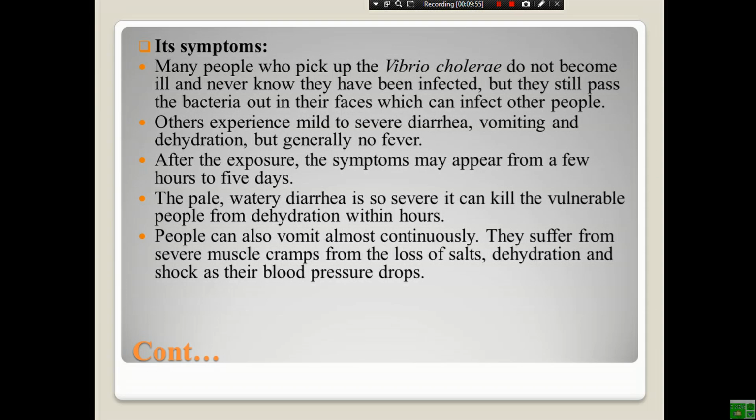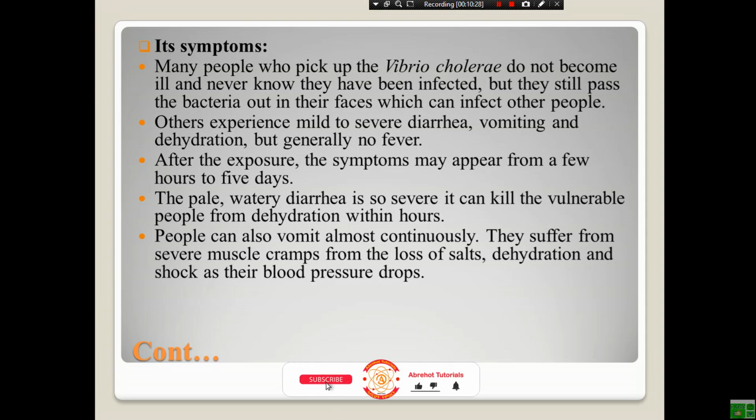If the patient is vomiting continuously, having severe muscle cramps due to loss of salt, and severe diarrhea or dehydration, these are the main symptoms of cholera. After the exposure, the symptoms may appear from a few hours to several days.